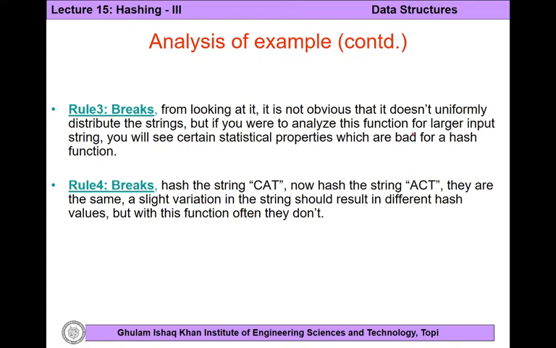But if you were to analyze this function for large input size, you will see certain statistical properties which are bad for hashing, and this I will be covering in maybe this lecture or the next one, the statistical property.